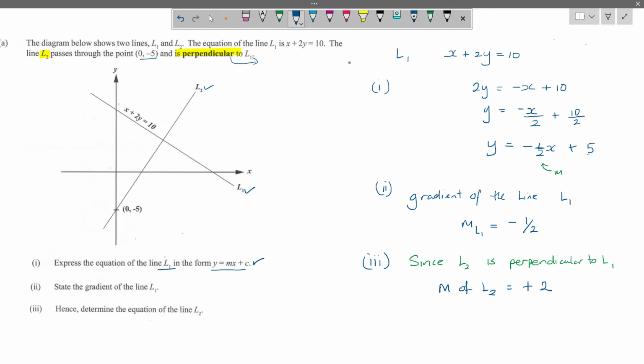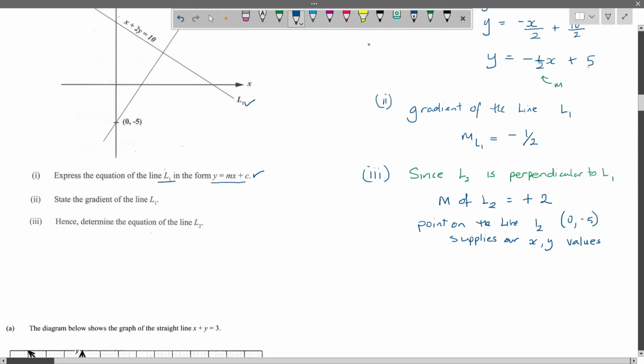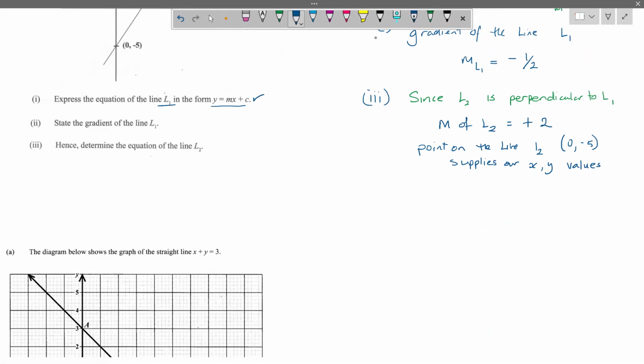The other thing is that we have a point. One point on the line, which is (0, -5), is going to supply our x and y values. So for our equation, y is equal to mx plus c, we could substitute this as my x, this as my y, and our gradient m is going to be 2.